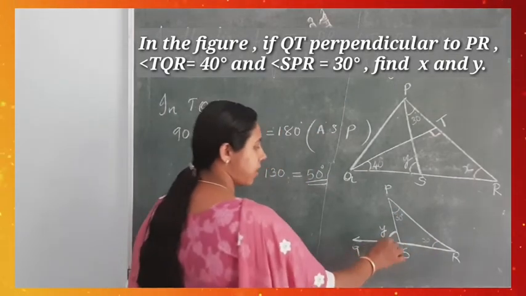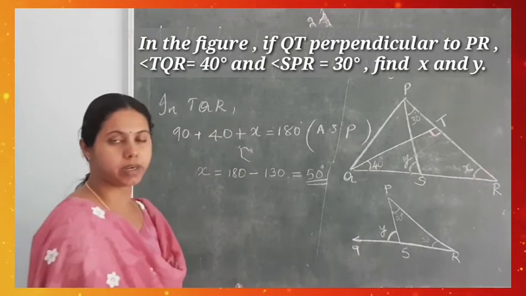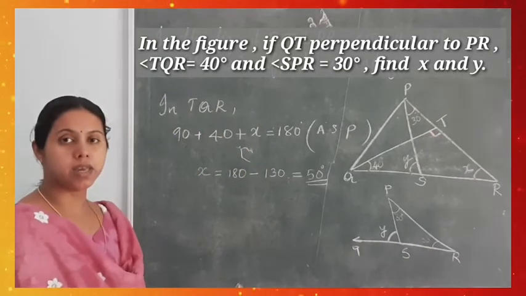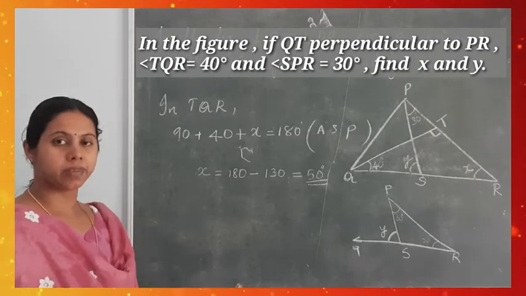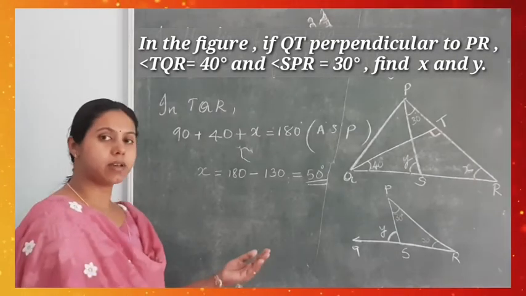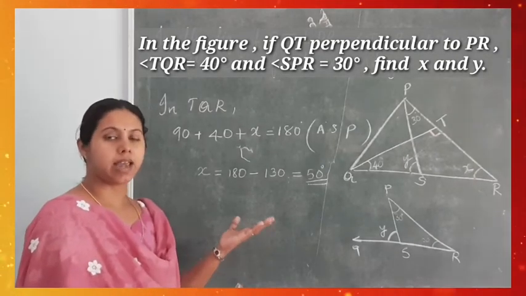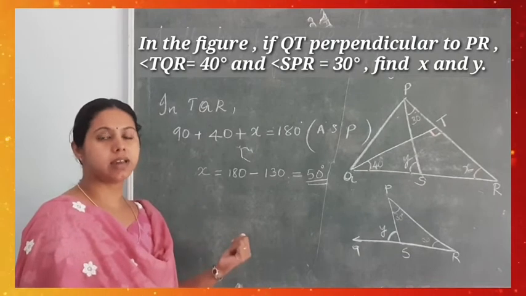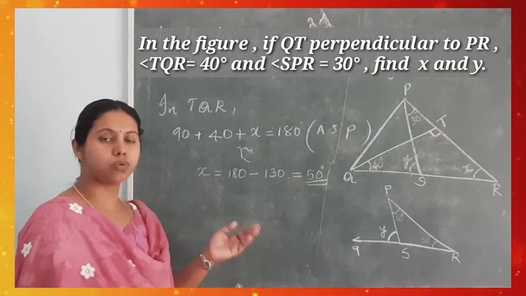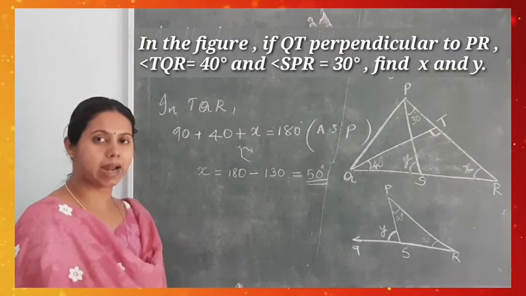So very easily you can find the exterior angle using theorem 6.8: if a side of a triangle is produced, then the exterior angle formed is equal to the sum of the two interior opposite angles.